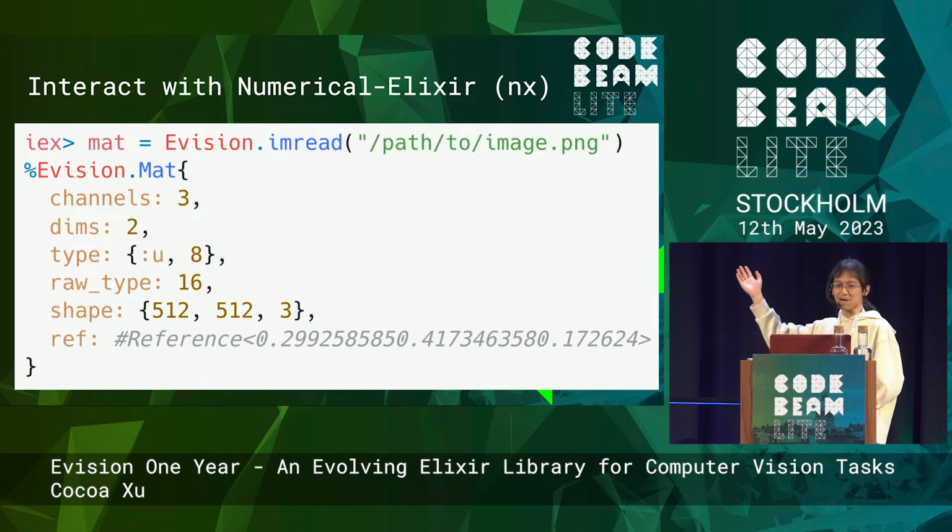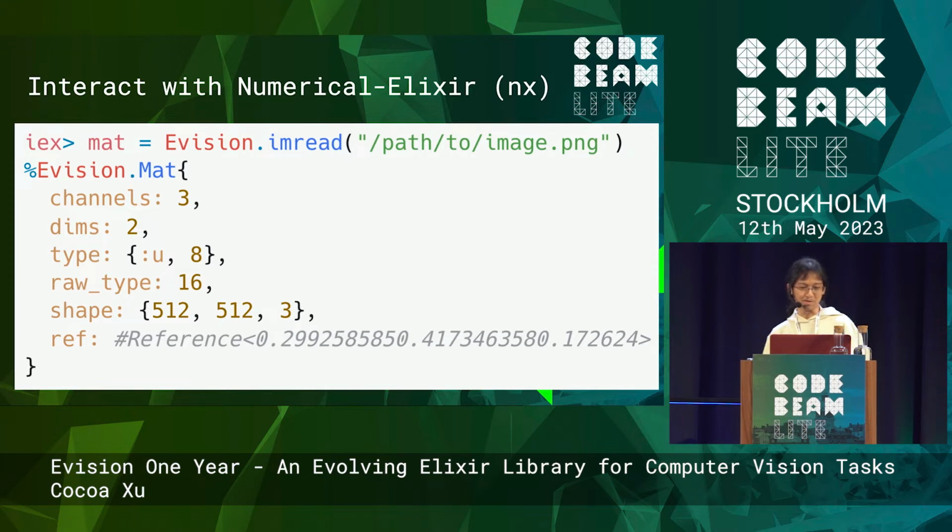If we read an image using Evision.imread, then we have 3-channel and 2-dimension images here. We don't really need to have this dimension here, because for a general matrix, we can identify its type by the shape.